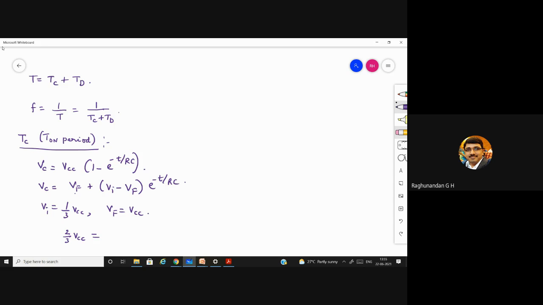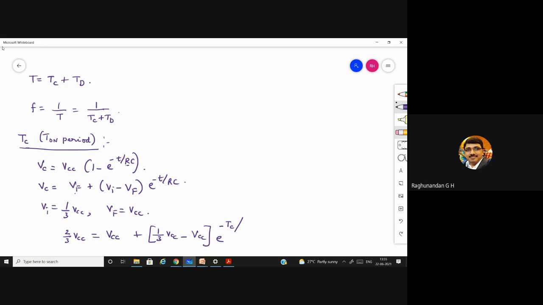The final voltage is Vcc, and Vi, the initial voltage, is 1 by 3 Vcc. Minus the final voltage, again Vcc, into e to the power of minus t, where we are talking about the charging time. So we substitute Tc divided by the resistance.